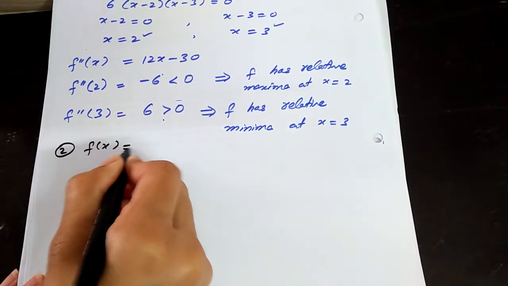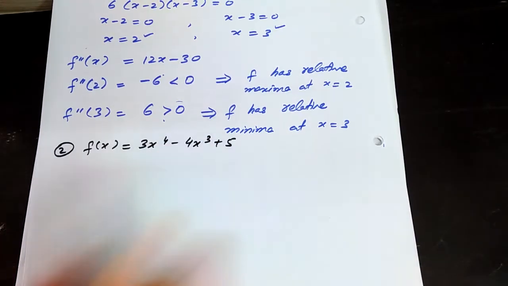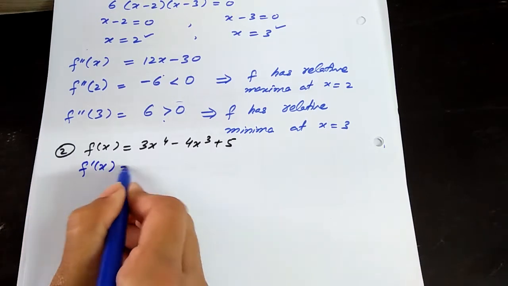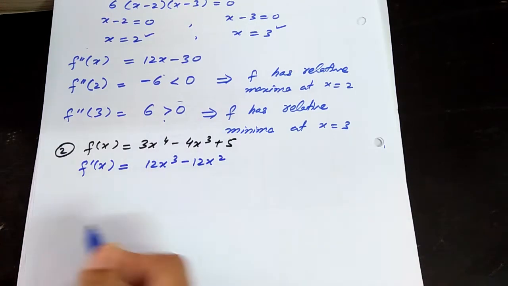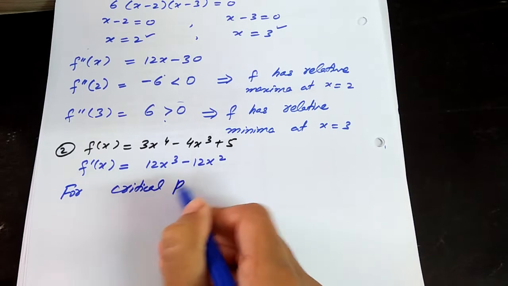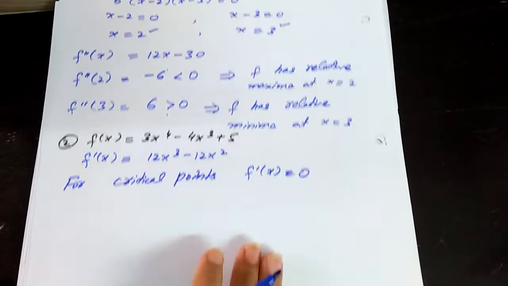f of x equals 3x to the 4 minus 4x cube plus 5. First of all you need the first derivative, f dash of x, which equals 12x cube minus 12x square. Now for critical points, make this first derivative equal to 0.